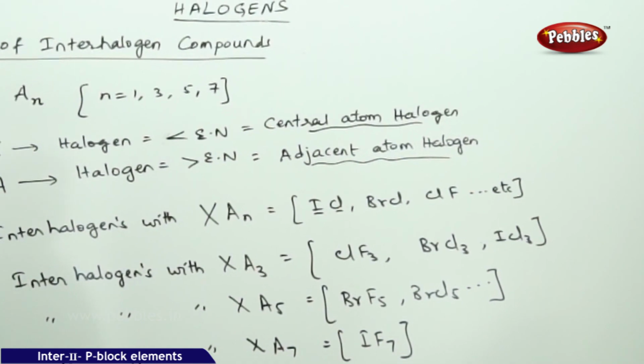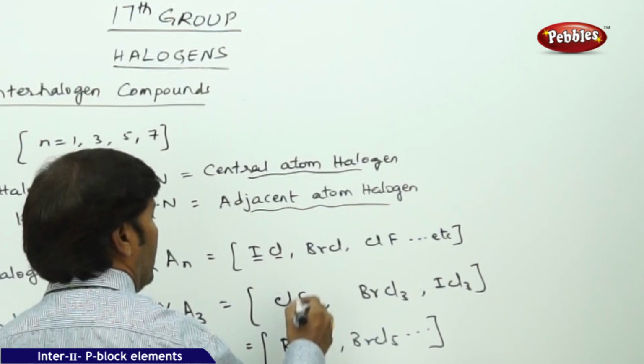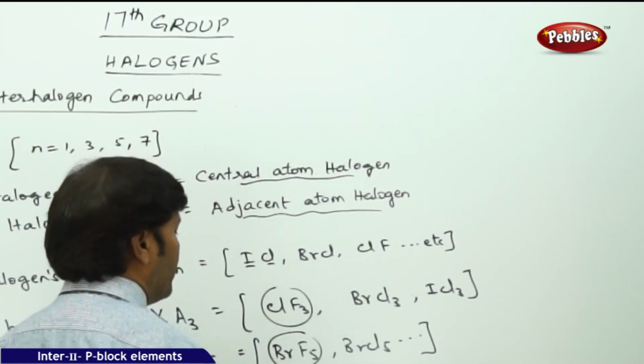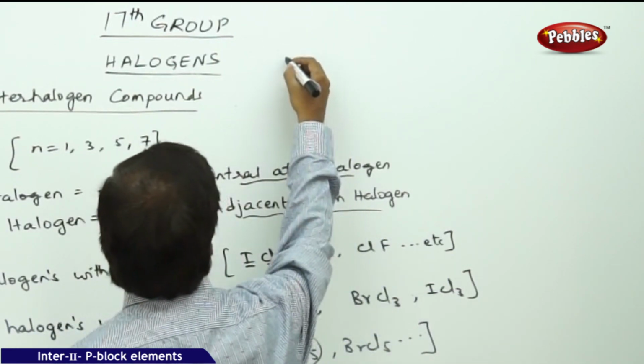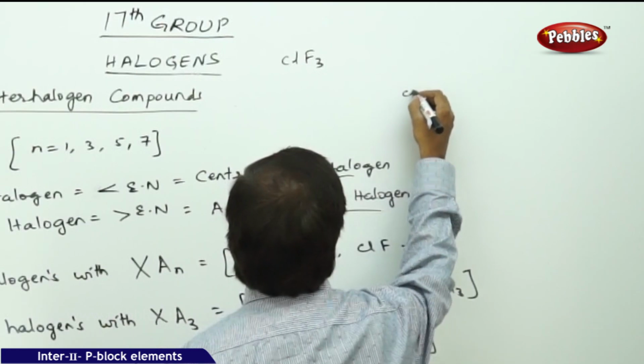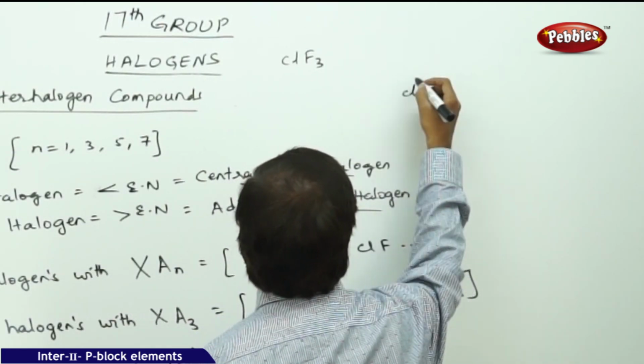So now the question is how to identify the structures of these molecules. Take ClF3, BrF5 and IF7. If you take the structure of chlorine trifluoride, it is a T-shaped molecule.